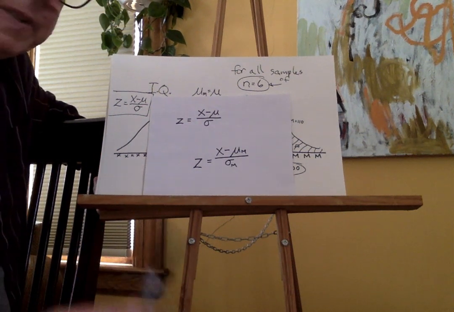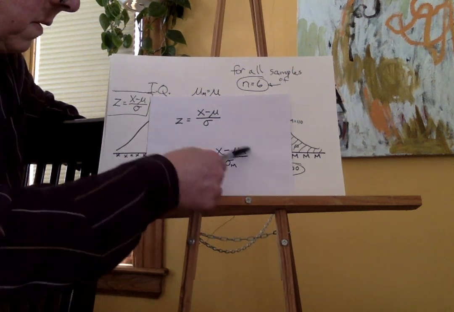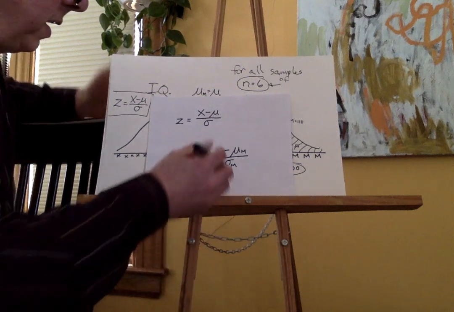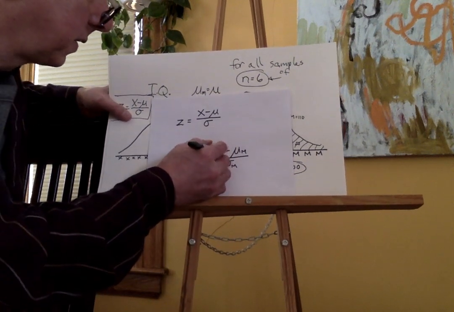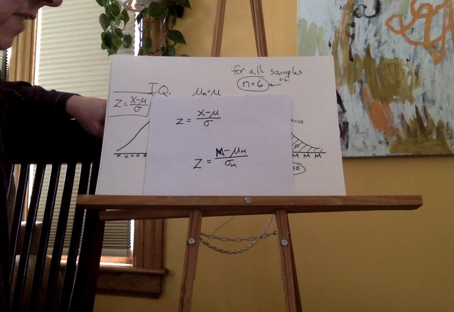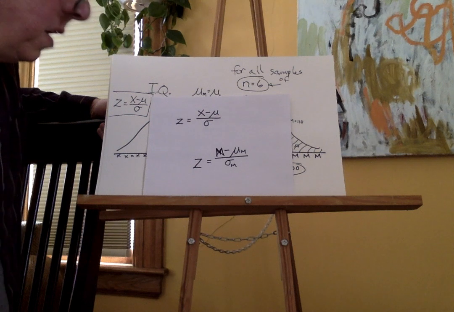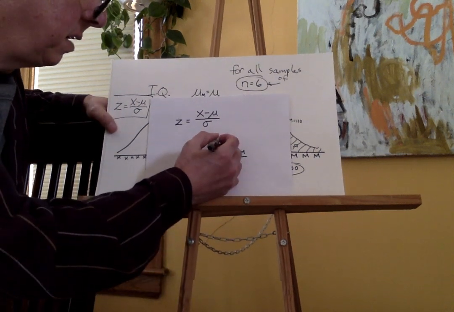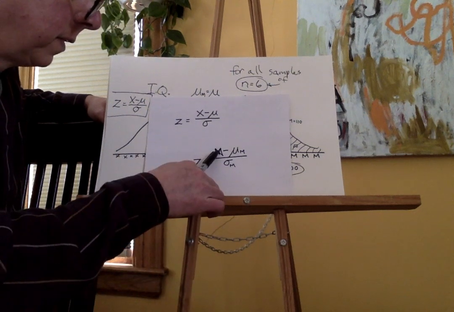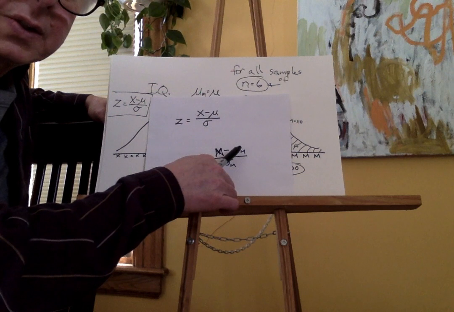Okay? In this case, we're going to use the same format, but I made a mistake here. In this case, instead of an x value, I'm going to use an m, okay? So I'm going to compare the mean for the sample to the mean of all the sample means.